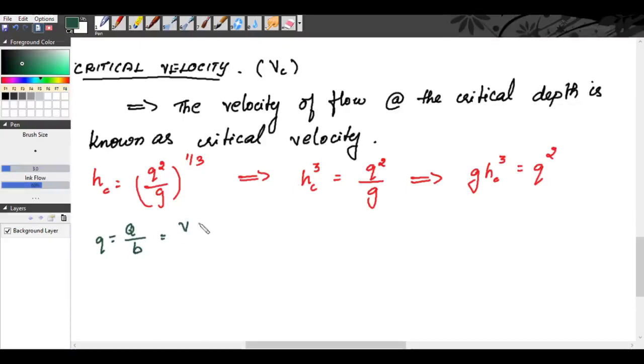Discharge is velocity into area, divided by B. Velocity into area is breadth into depth of flow, divided by B. So we get VH. So q is equal to VH. Replacing V as the critical velocity, we will replace it after finding the critical velocity. Okay, now we will take this equation.